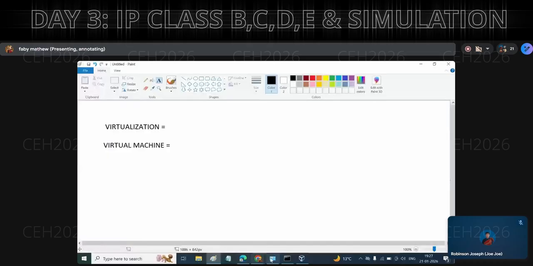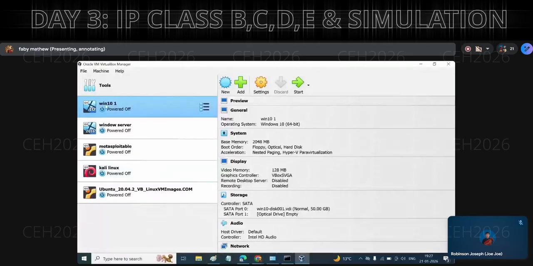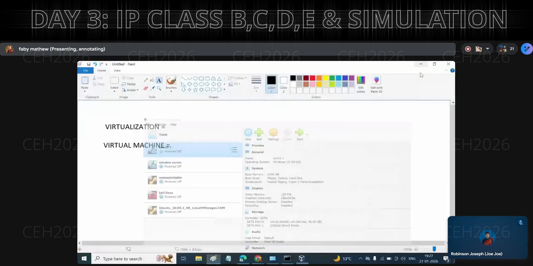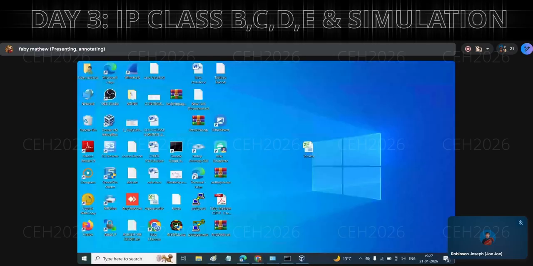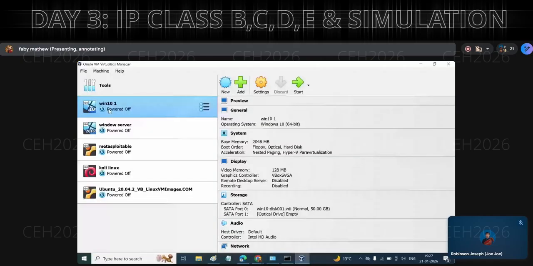What it means is, suppose I run my Windows 10 operating system here, and this is my base operating system, the operating system installed in my laptop. And this is my virtual machine operating system. If I run this machine, then right now on my device two operating systems are running.